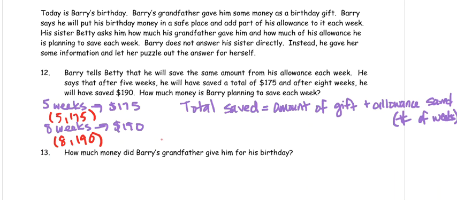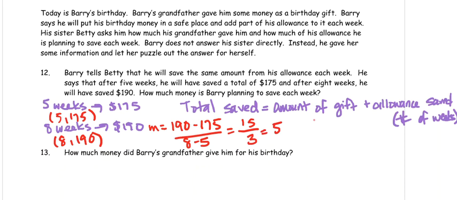So we can actually find how much he's planning to save each week by finding the slope, allowance saved. So m equals 190 minus 175, I'm just subtracting the two y's, over 8 minus 5. So this is going to be 15 over 3, which is 5. So he is saving $5 each week.